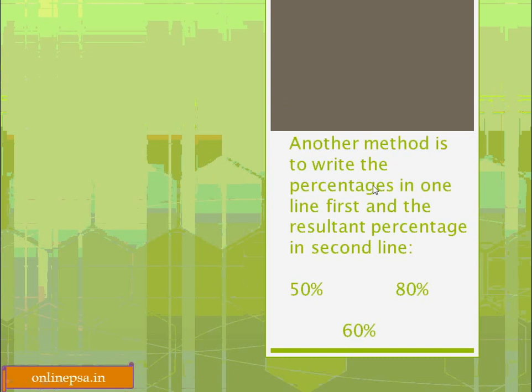However, there is another method to write the percentages in one line and the resultant percentage in the second line. So 50% and 80% were the two percentages that we wrote in the first line here, and 60% is the resultant percentage.